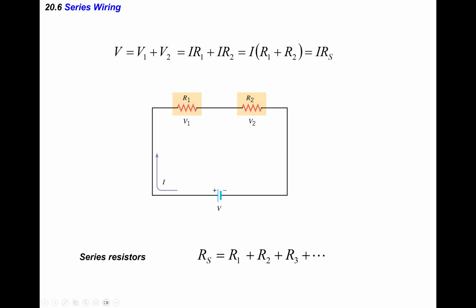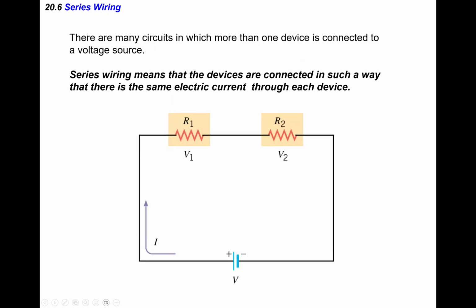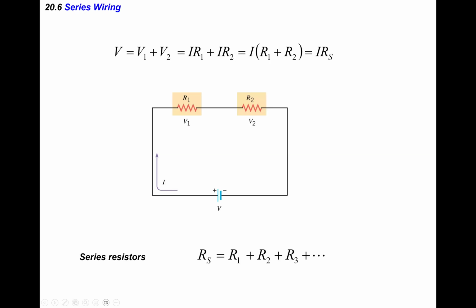So that's why series wiring means that the devices are connected in such a way that there is the same electric current through each device. And Rs, the equivalent, will be equal to R1 plus R2.